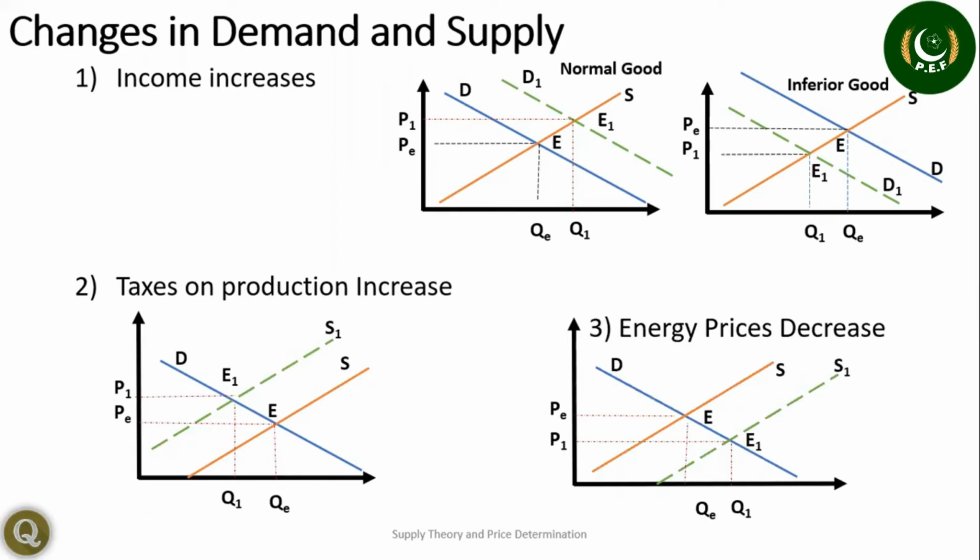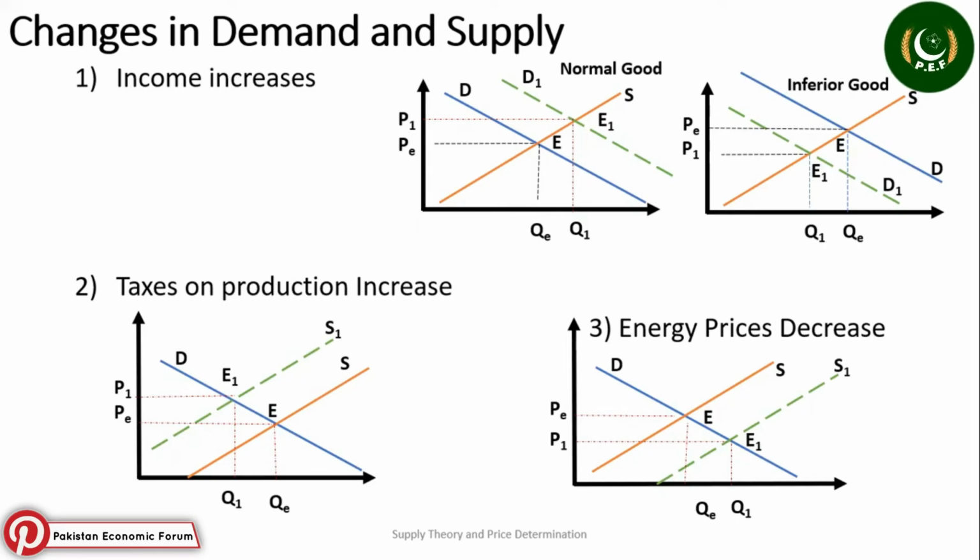So, we can conclude that when the demand for a commodity increases, the price increases and also the quantity traded increases. The opposite happens when there is a decrease in demand.